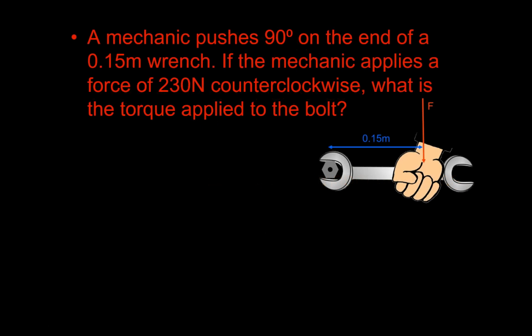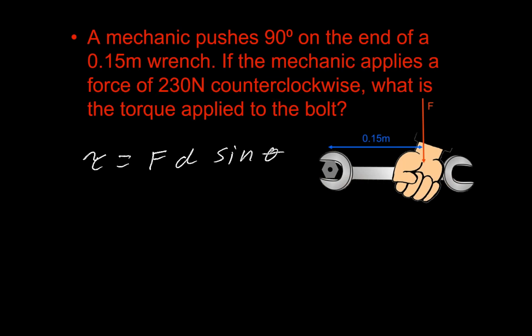So here we have a situation where a mechanic is pushing 90 degrees on the end of a 0.15 meter wrench. If the mechanic applies a force of 230 newtons in a counterclockwise rotation, I realize the diagram is backwards, what is the torque applied to the bolt?